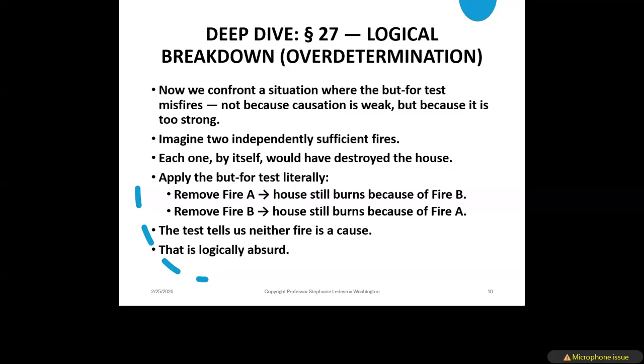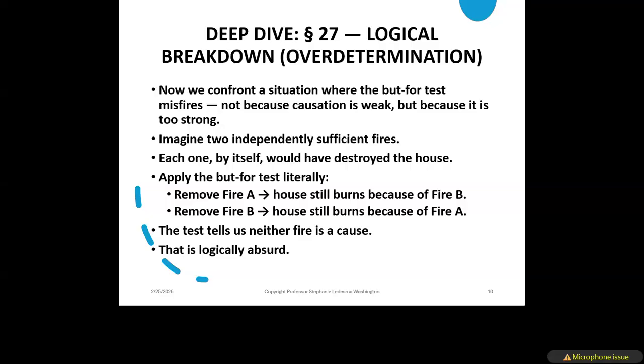What that means is that by themselves, independent of one another, they would have been sufficient to cause the injury. So imagine two independently sufficient fires. Each one by itself would have destroyed the plaintiff's house.